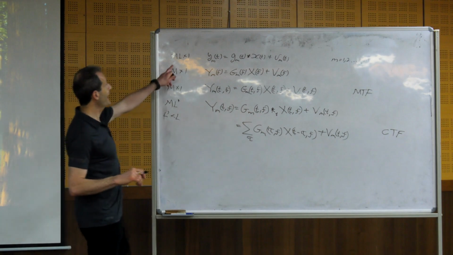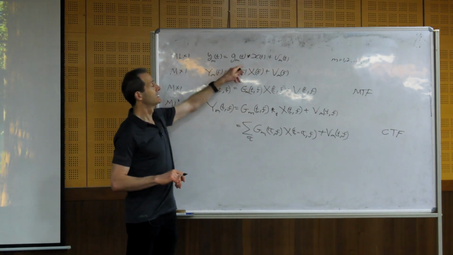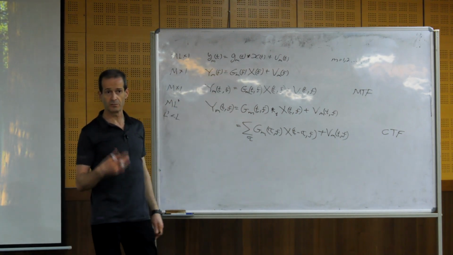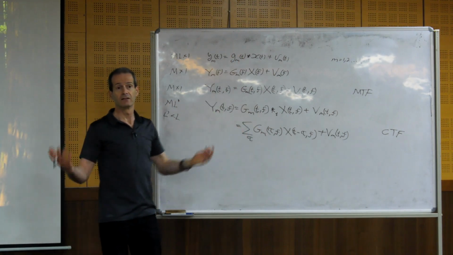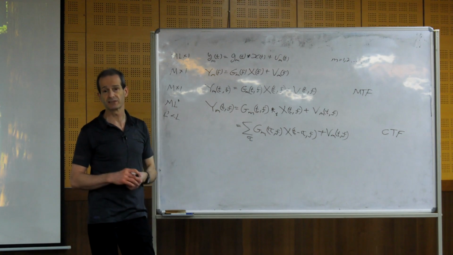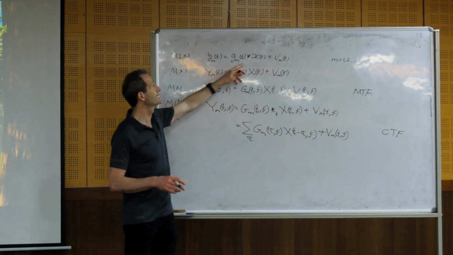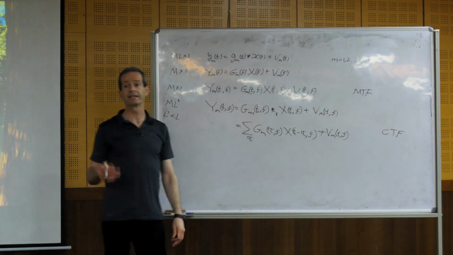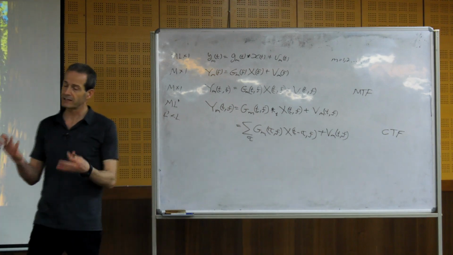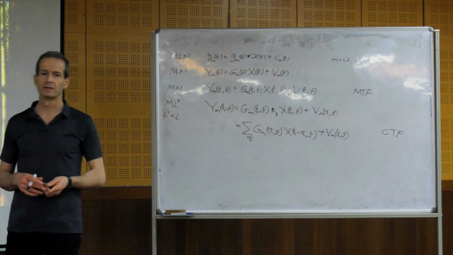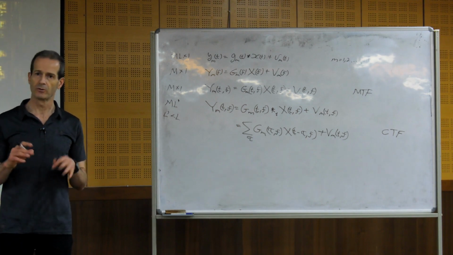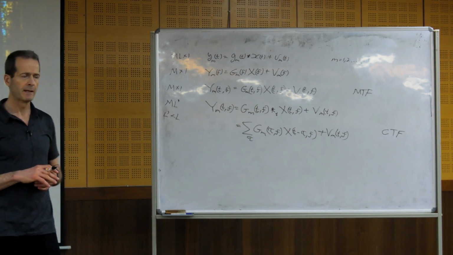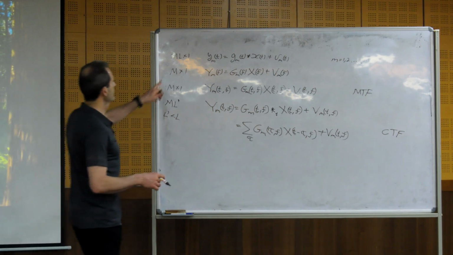Because here L is proportional to the length of the filters. And the length of the filters should be at least the length of the impulse response, or sometimes we can use shorter length because we work with relative transfer functions or relative impulse responses. But L here is long.